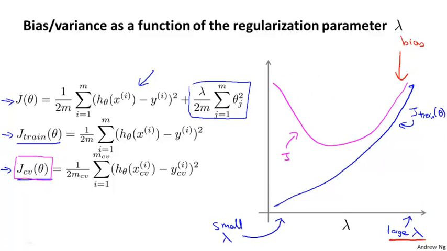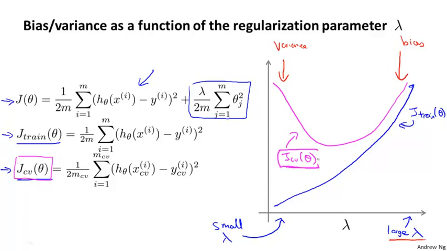Let me just label that, so that's J CV of theta, because with high bias we won't be doing well on the cross-validation set. Whereas here on the left, this is the high variance regime, where if we have too small a value of lambda, then we may be overfitting the data, and so if we're overfitting the data, then the cross-validation error will also be high.